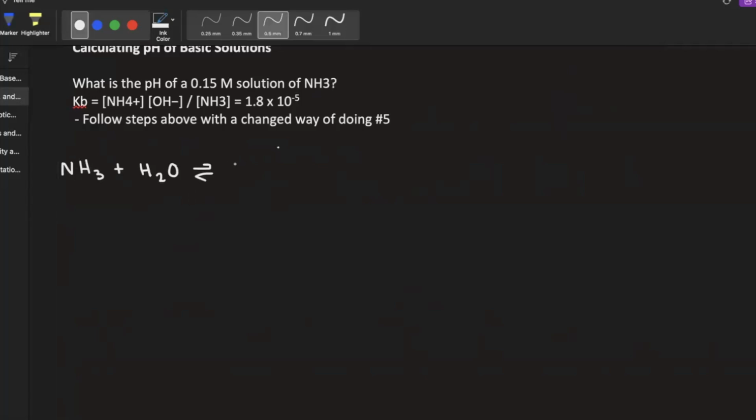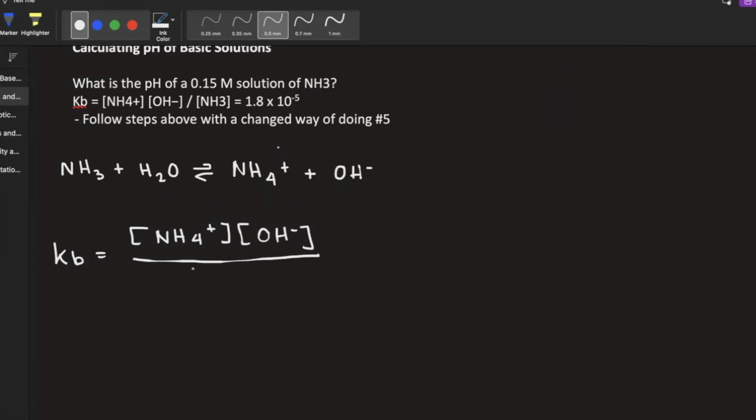So we're now going to have NH4 plus, and then water is acting as our acid, so it's going to be losing a proton, giving us OH negative. Next, we're going to write our expression for Kb. Remember that it's products over our reactant, excluding water.